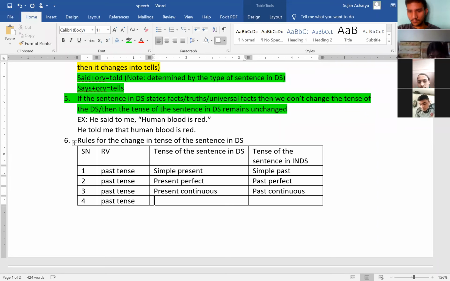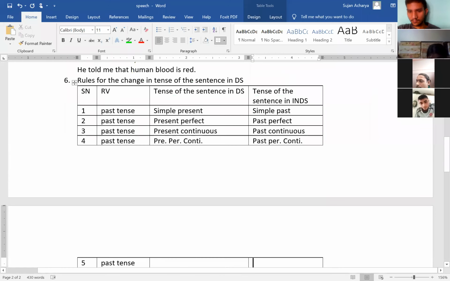If present perfect continuous, we change it into past perfect continuous. And if the sentence is in simple past, we change it into past perfect.